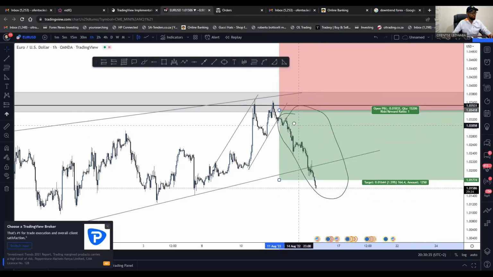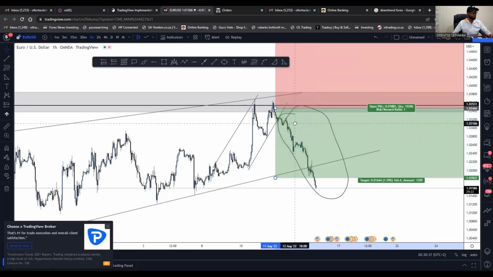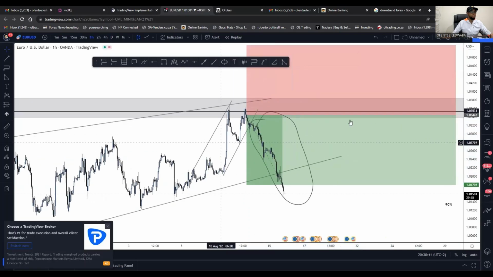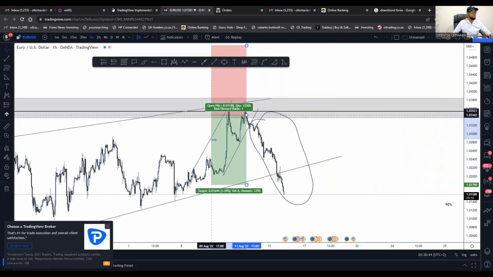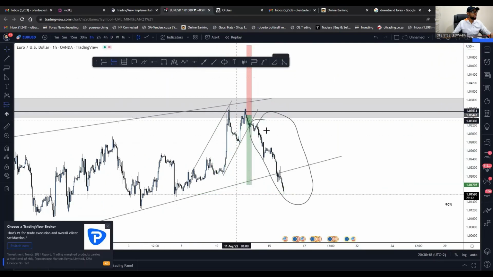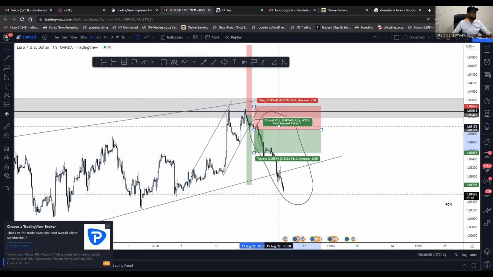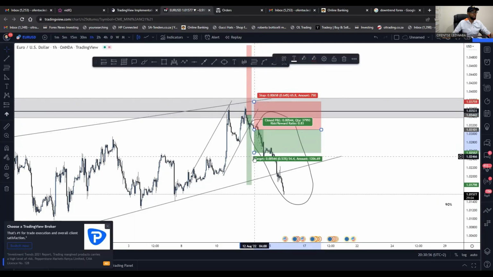Let me show you. My first trade was here. Yes, the top. And then my second stops were just above here.